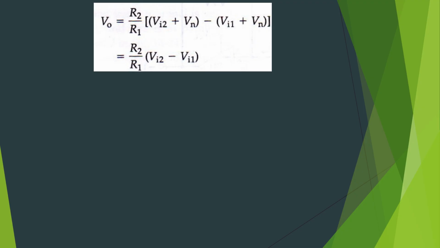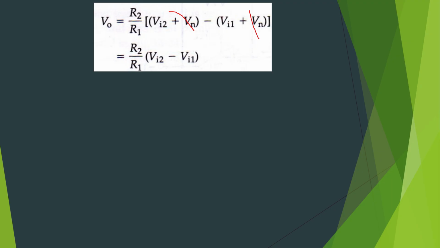V0 equal to R2 divided by R1 into (VI2 plus Vn) minus (VI1 plus Vn). If you simplify, this Vn gets cancelled, and you get V0 equal to R2 divided by R1 into VI2 minus VI1.